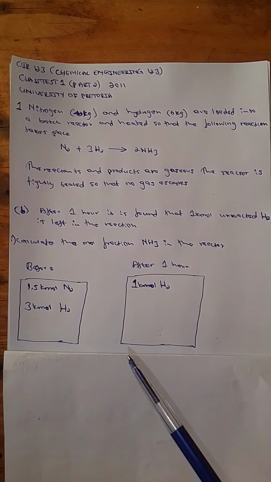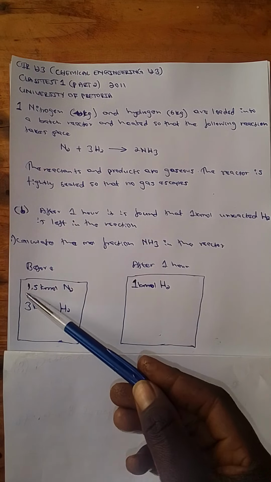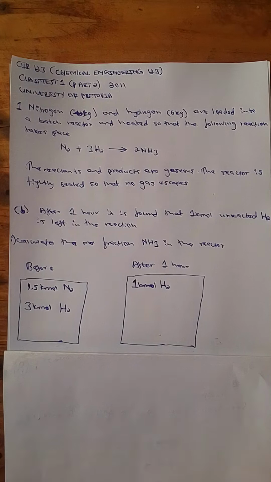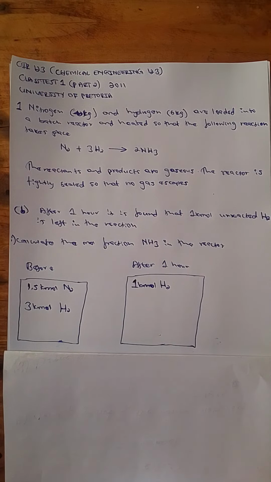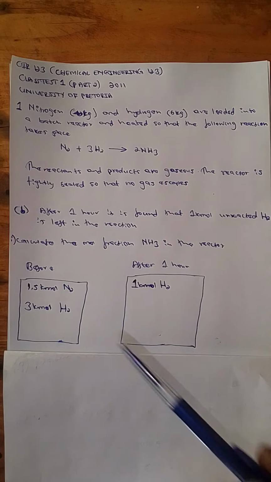When we calculated in the first question, we found that N2 is 1.5 kilomole and H2 is 3 kilomole. We also figured out that nitrogen is the excess reactant, and hydrogen is the limiting reactant.